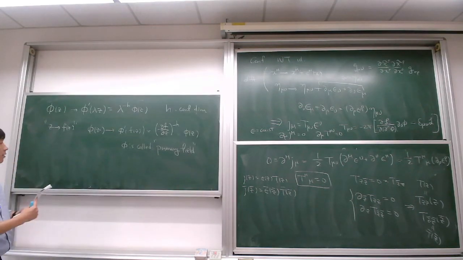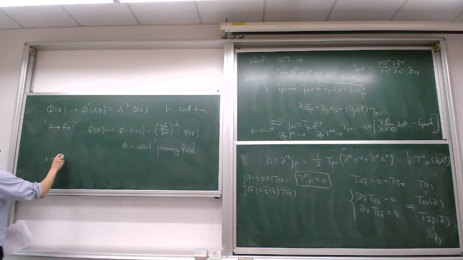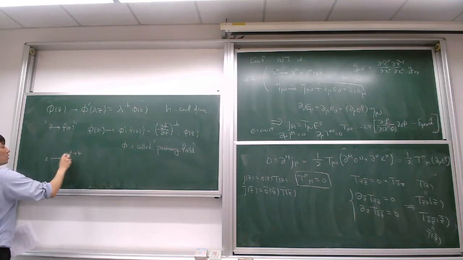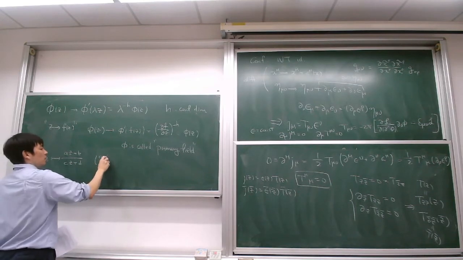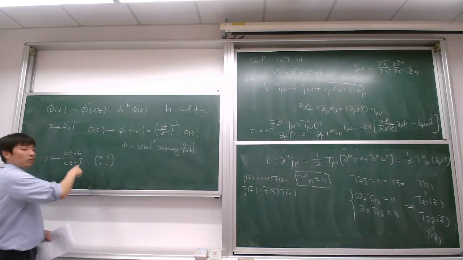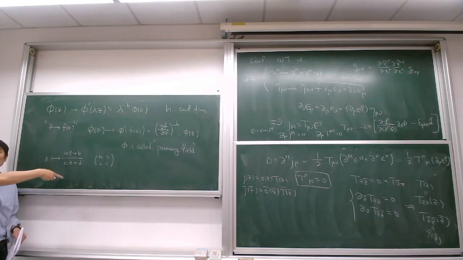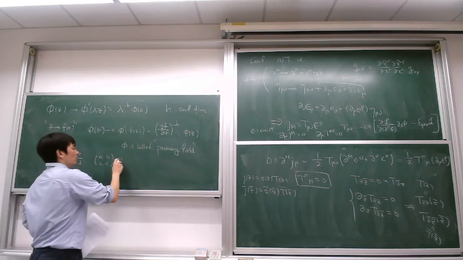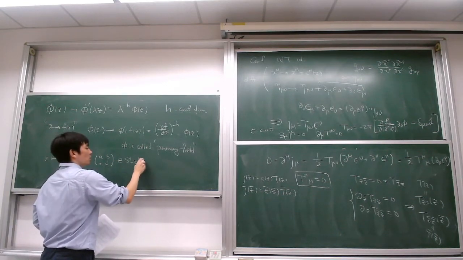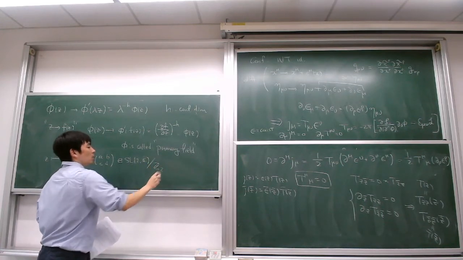And in conformal theory, there is some special conformal transformation, z goes to (az+b)/(cz+d), where a, b, c, d form a matrix. Of course this is a holomorphic function. It's a conformal transformation, but a special type, which is SL(2,C) modulo Z2.